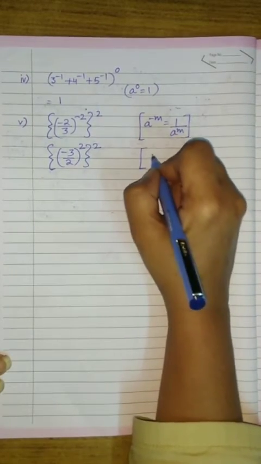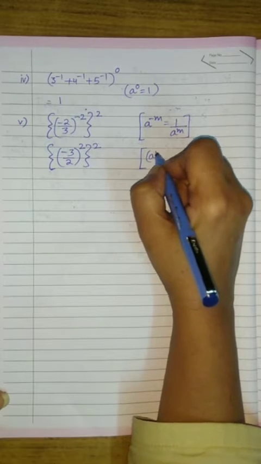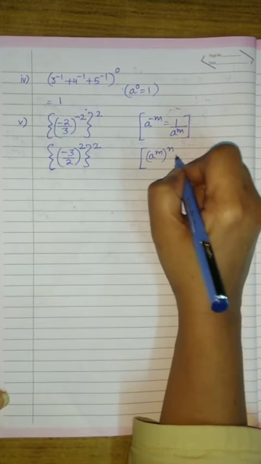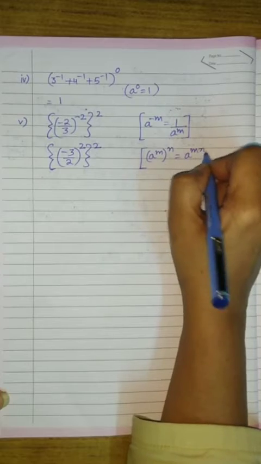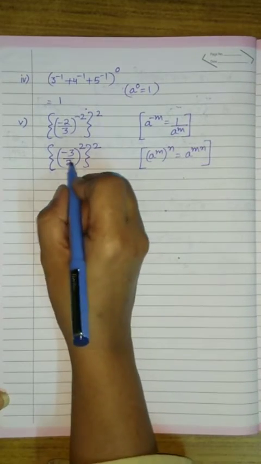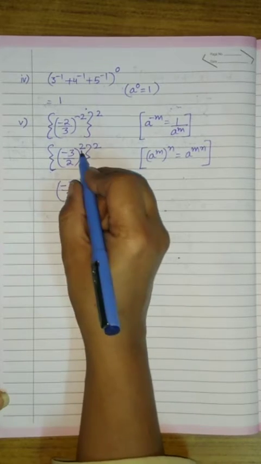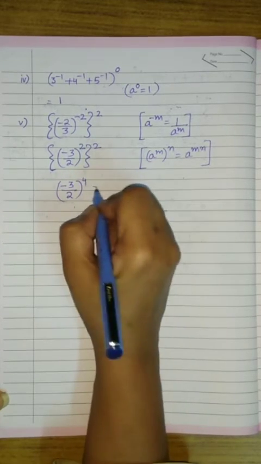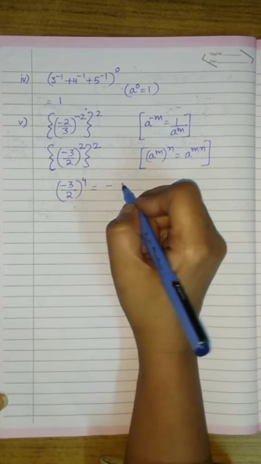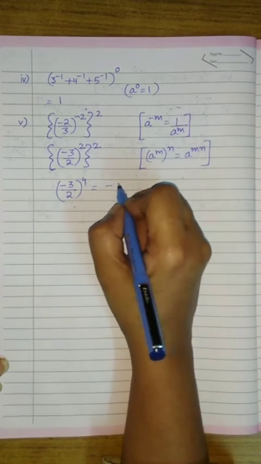Now we are using here law of exponent, a raised to power m to the power n is equal to a raised to power m n. So we will write it as minus 3 by 2 to the power 2 into 2 will become 4. So we will separate the terms in the numerator and denominator.